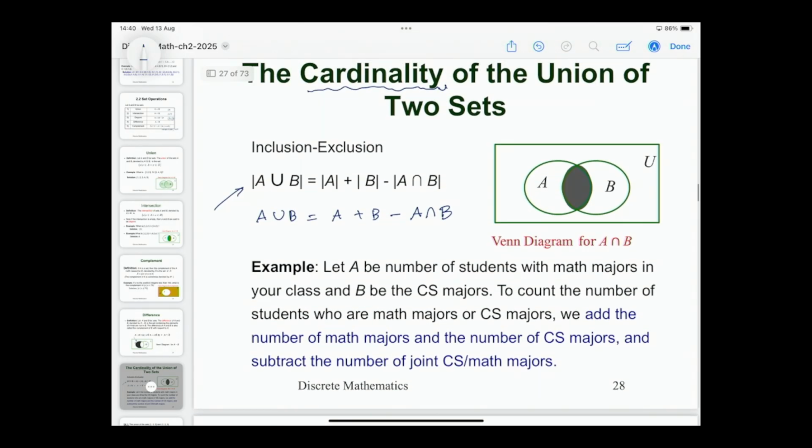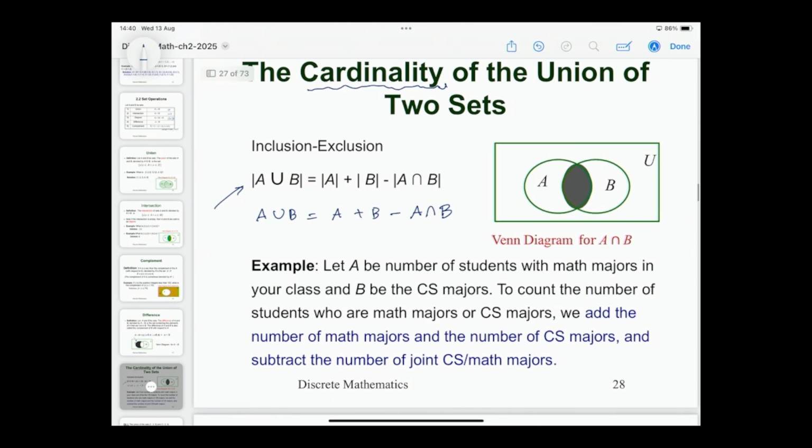Let's see this example. When A is the set of students who are math majors, and B is computer science majors, we want to find out the number of students who are math or computer science majors.